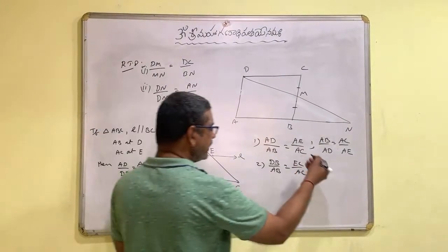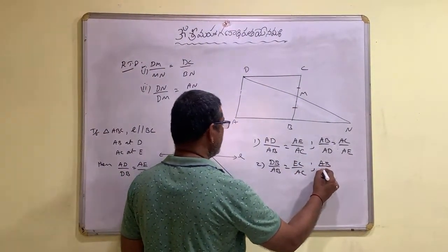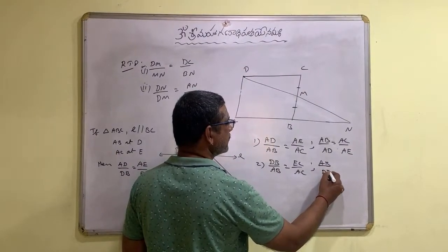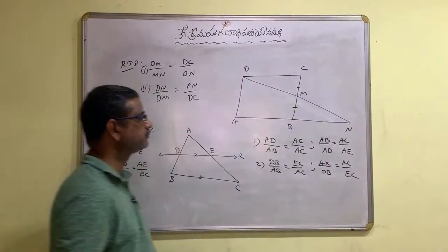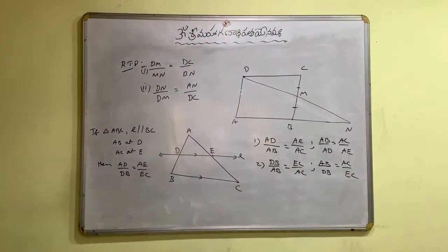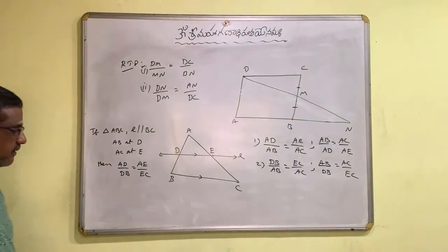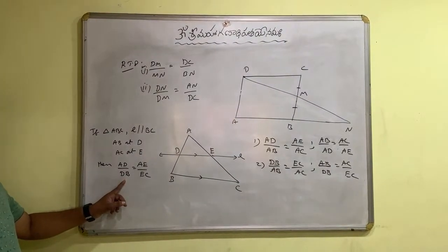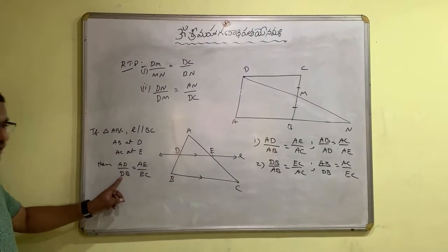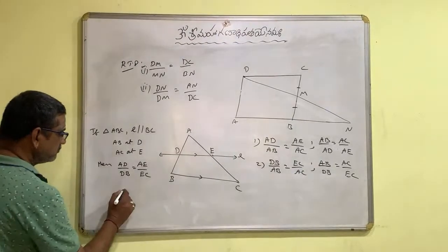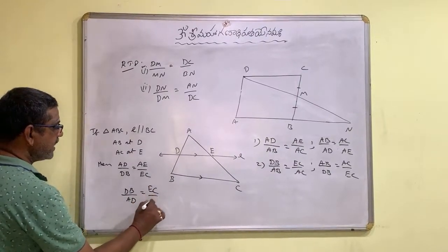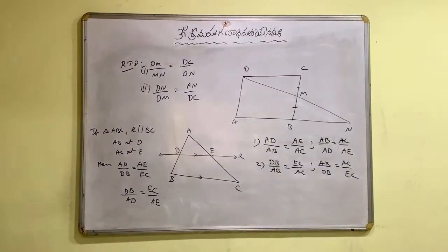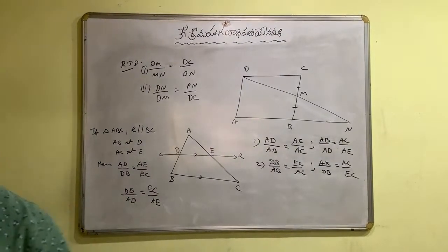And not only that, its inverse ratio, AB by DB equal to AC by EC. Okay, children. And interestingly, this is the basic ratio, and its inverse is also equal. DB by AD is equal to EC by AE. This is what you have to observe, children.